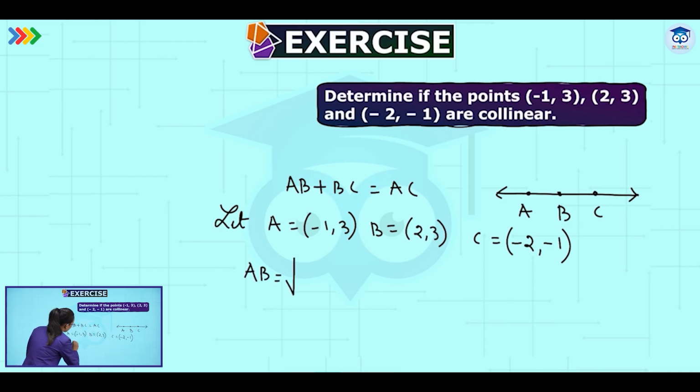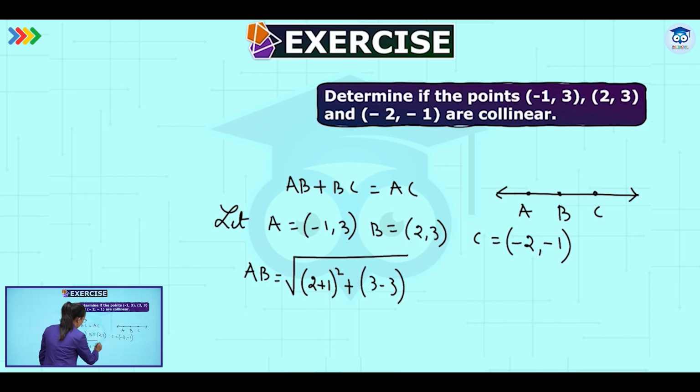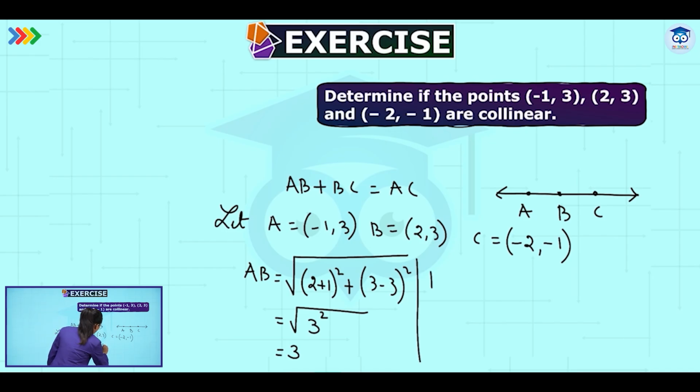The distance between any 2 points is the square root of the square of the difference of the first coordinates plus the square of the difference of the second coordinates. So we have 2 minus of minus 1, so 2 plus 1 whole square, plus 3 minus 3 whole square. This will be 0, so it's 3 squared, so AB is 3 units.